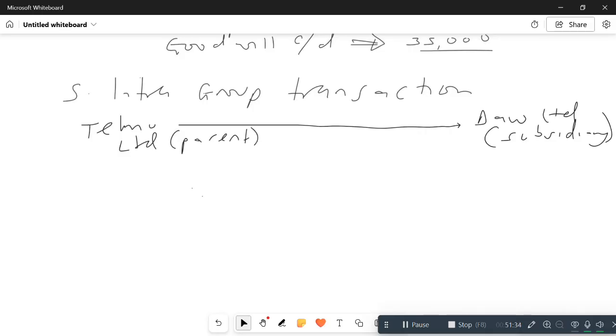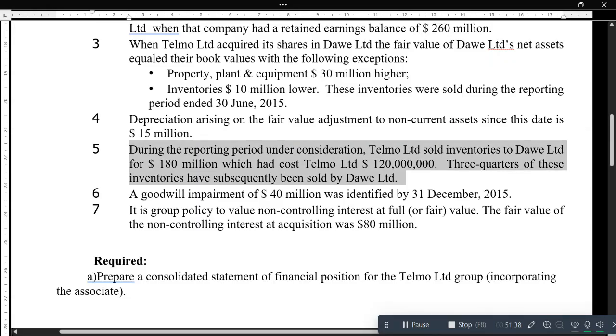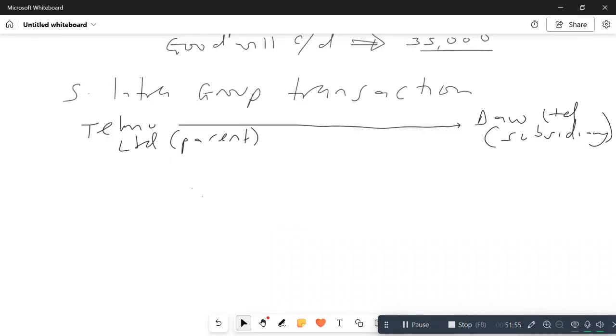We need to know what these goods were for. We are saying they had cost here. If you look at this very well, Teremo Limited sold inventory to Dawe Limited for 180. Sales was 180 and cost 120. Good. So here we can come up with our sales.